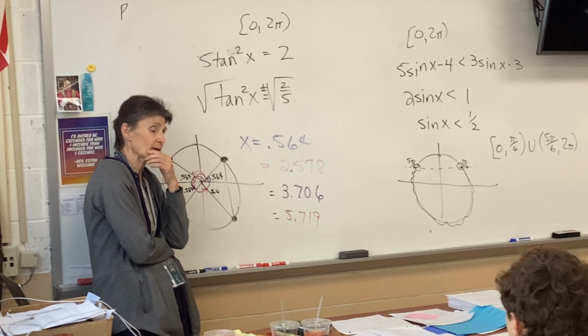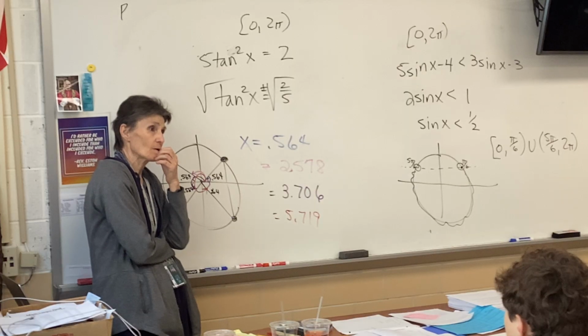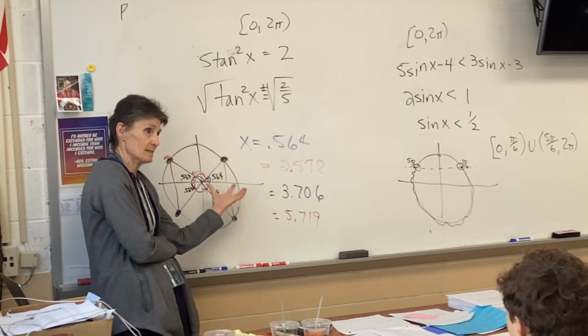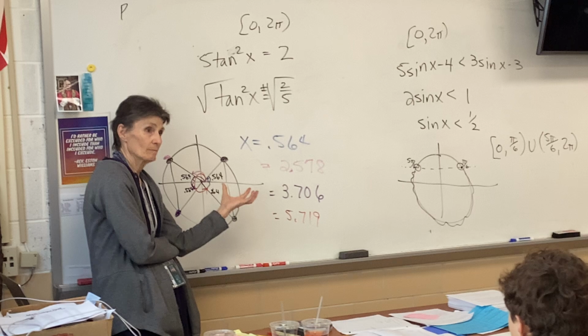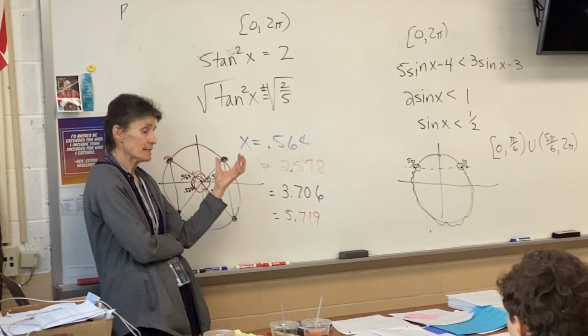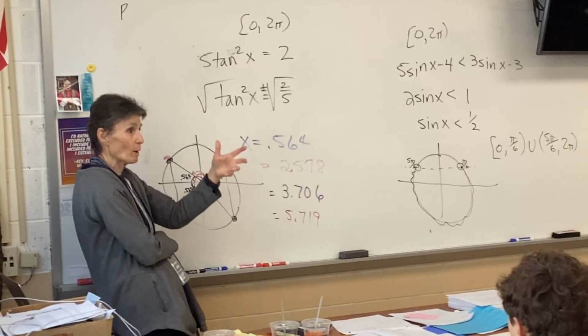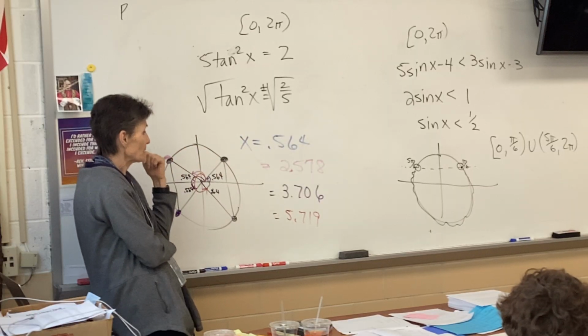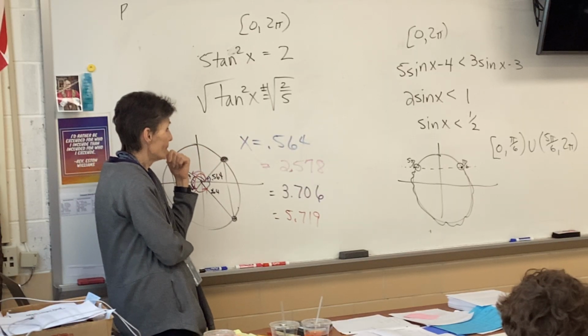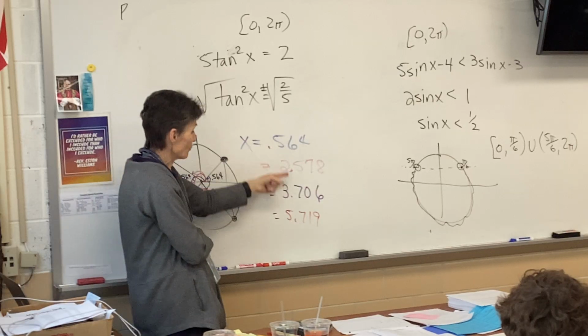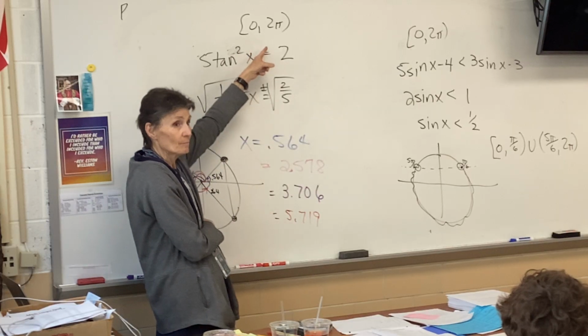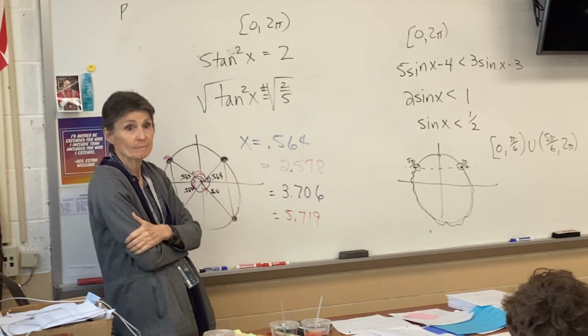Not very many of you got that one right. So we need to make sure we get this now. Anytime we square root, it's plus or minus. Don't forget, some of you forgot that, and that's why you didn't get enough answers. Make sure that your answers fit the range that you're given.